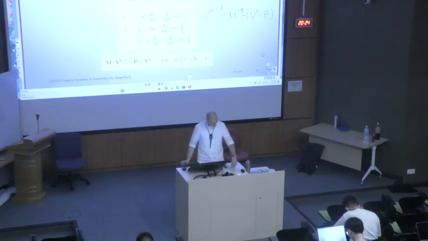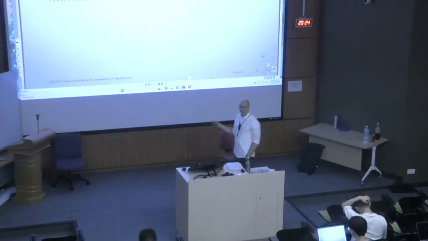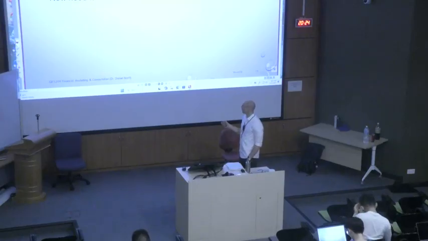Okay, why would you do that? So any advantages so far? Doesn't look like it. We still have this error, the same error, because we've approximated differentials in S by the same differences. We just did one step forward in time. Same error. We need to invert this matrix at each step, but what will turn out is that this is a much more numerically stable method for this type of PDEs, the Black-Scholes PDE, or PDEs of this Black-Scholes type.